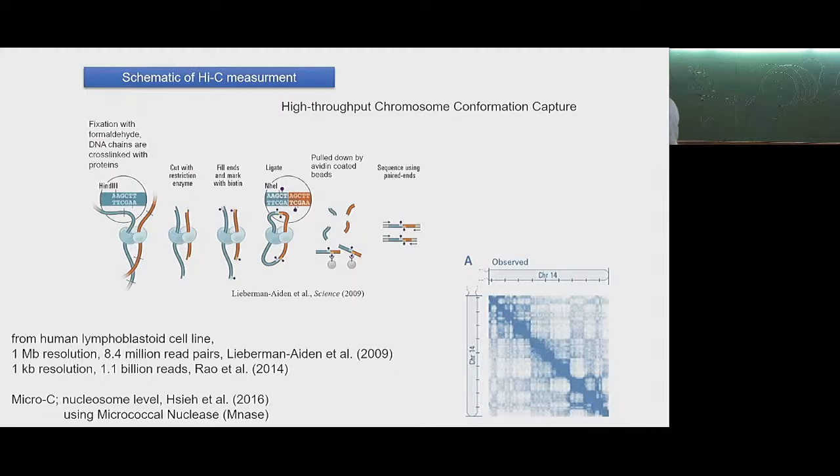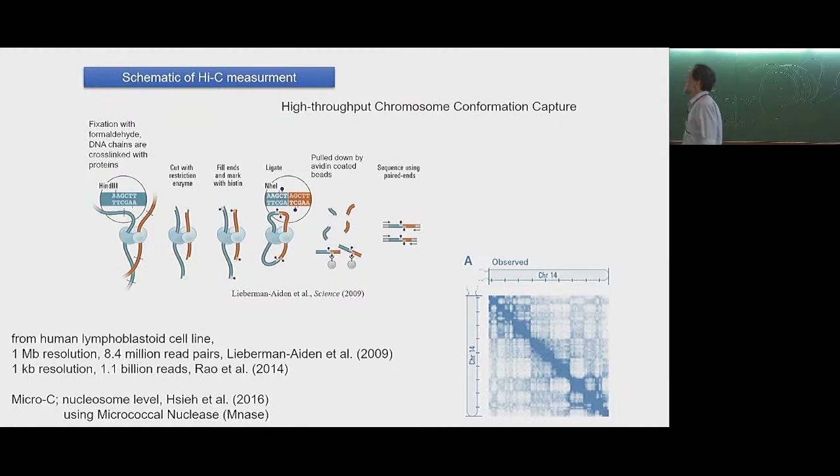Right, right. In real cells, for the human case, there are 46 chromosomes, 23 pairs of chromosomes. So interactions among chromosomes are an important point.